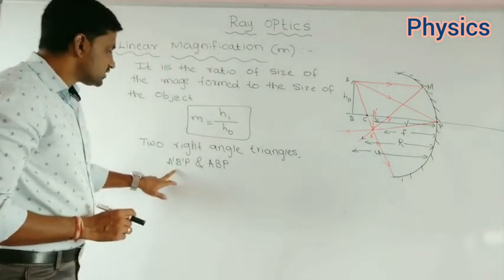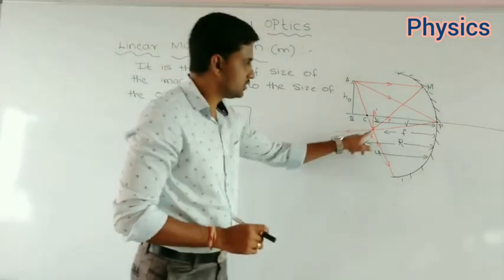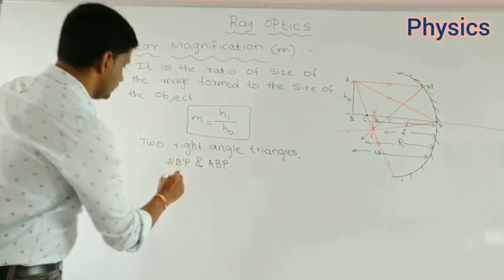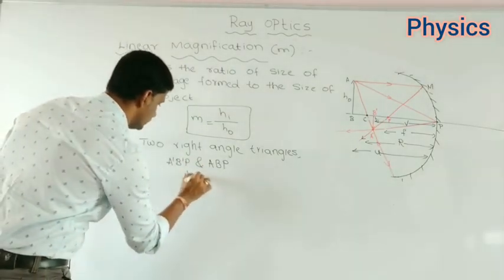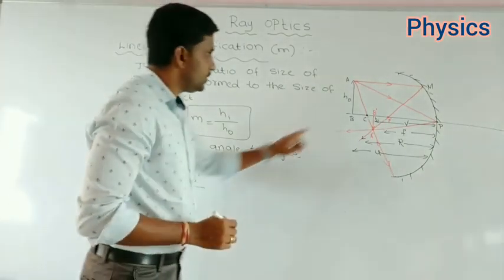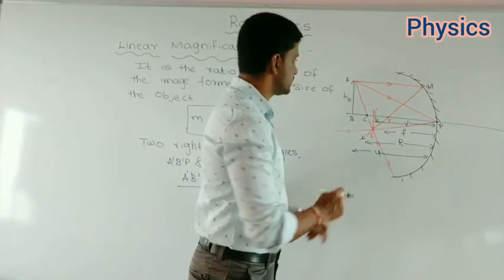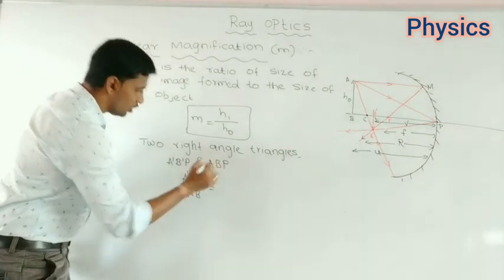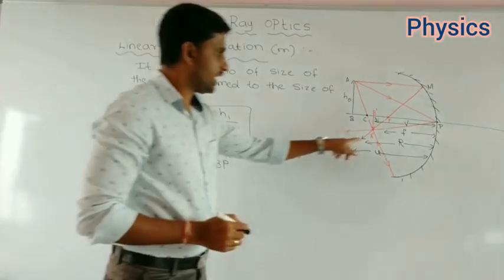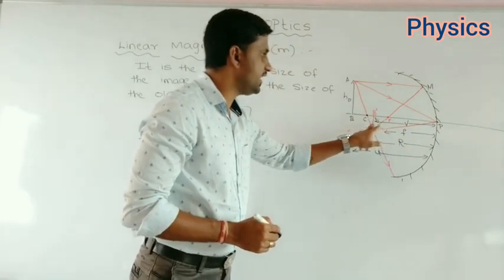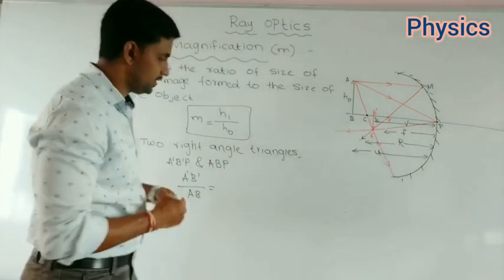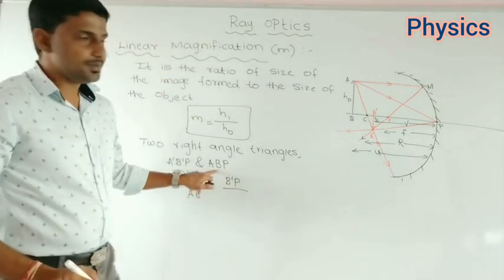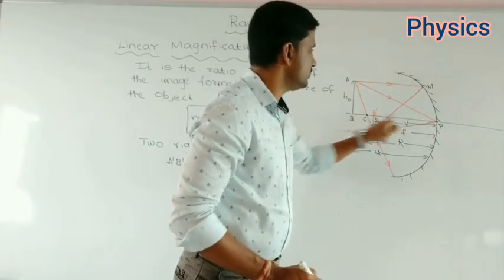In triangle A dash B dash P, the base is A dash B dash. In triangle ABP, the base is AB. That is equal to the side of the triangle A dash B dash P, the side is B dash P, and in triangle ABP, the side is BP.